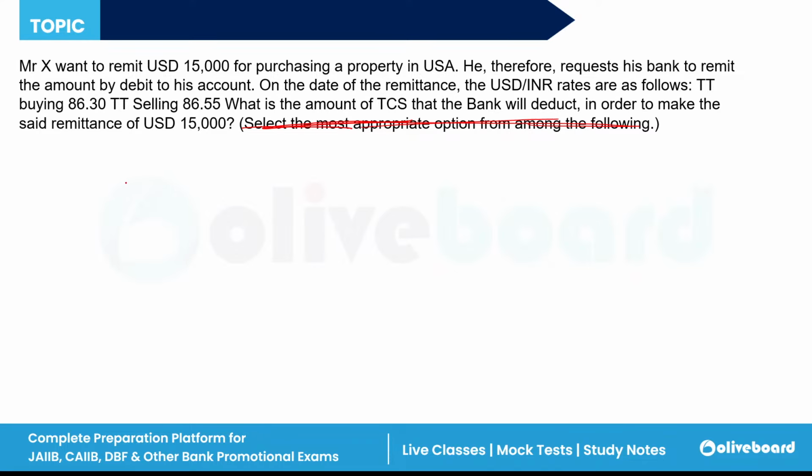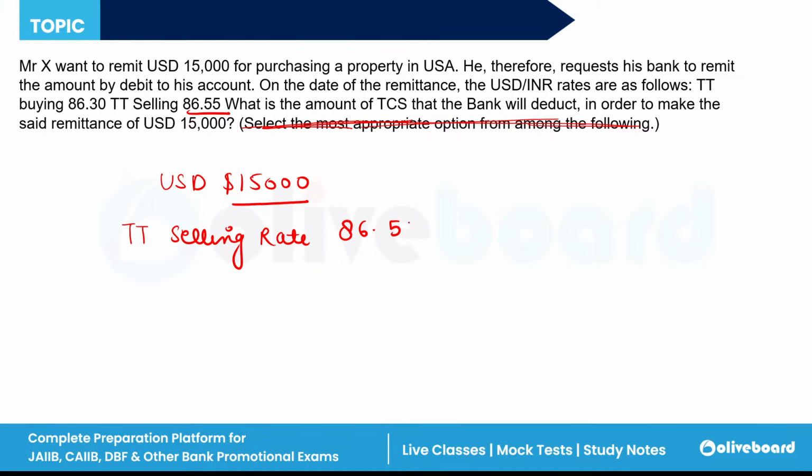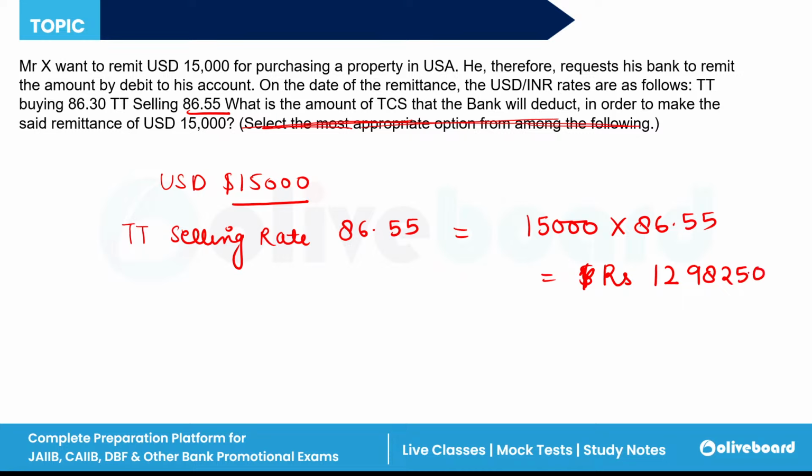Simple. Here this person wants to make a payment of US dollar 15,000, right? In this case, the bank will sell, and the applicable TT selling rate will be 86.55. So what is the amount? Just multiply it by $15,000 and the answer is rupees 12,98,250.